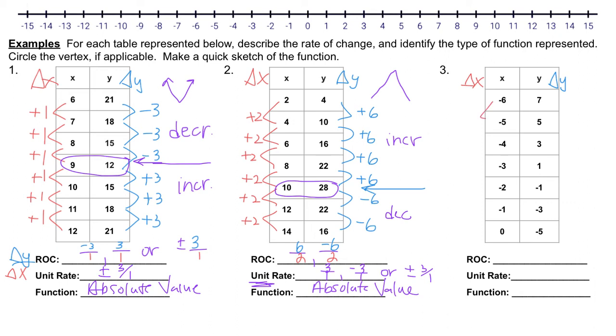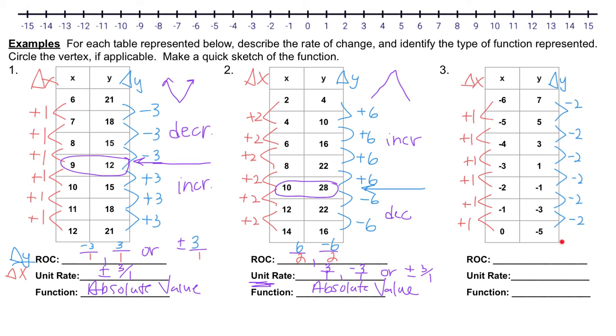Looking at our next one, you're going to do the same thing as the previous. We always start with the change in x and change in y when we're trying to identify the function and its rate of change. Looking here, you can see that our change in x for the whole table is increasing by 1. And for my change in y, it is decreasing by 2 for the whole table.